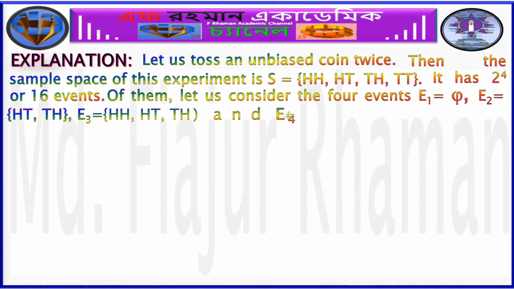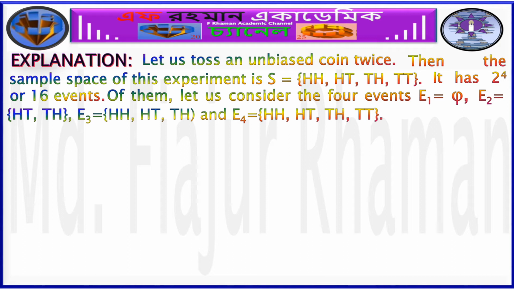Of them, let us consider the 4 events. E1 = φ, E2 = {HT, TH}, E3 = {HH, HT, TH}, and E4 = {HH, HT, TH, TT}.